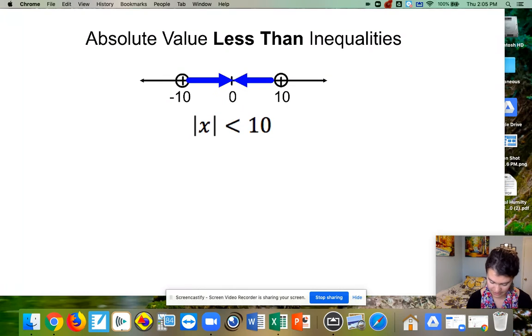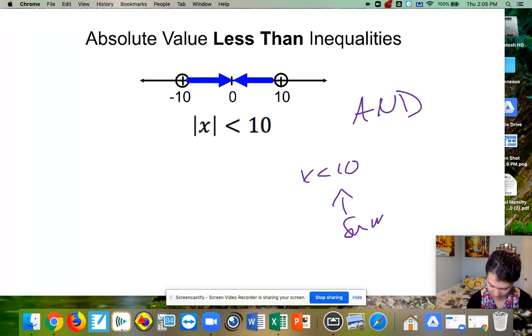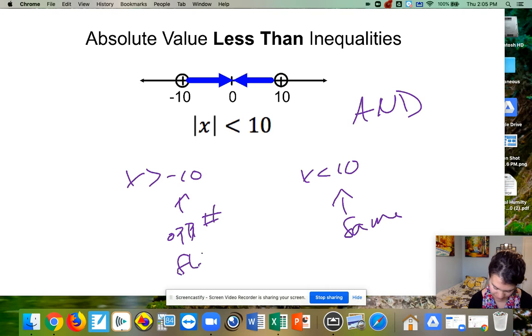Same idea with this, except you end up getting an and. So we had x is less than 10, that's the same. And we had x is greater than negative 10. This was your opposite number, so you have to flip the sign. And then you get the filled in the center.